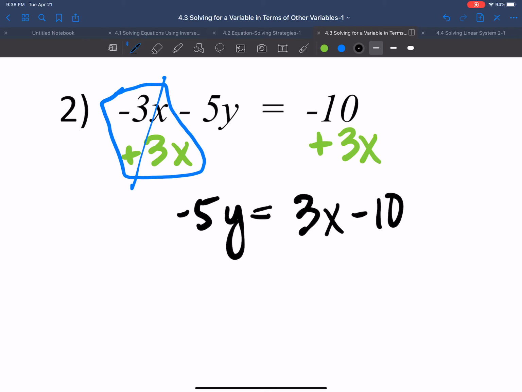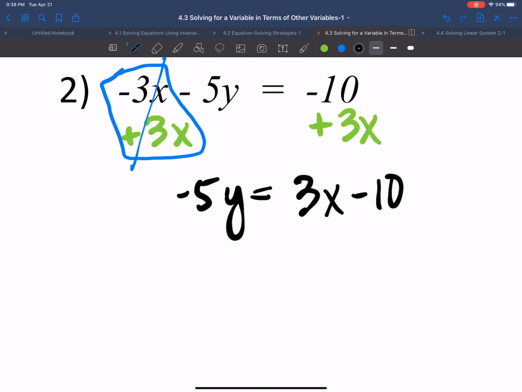Now, I still don't have y by itself because I have to get rid of that -5. The -5 is multiplying with y, so I do the opposite. Divide by -5, and I have to divide the entire side by -5. That will cancel out, so I have y.